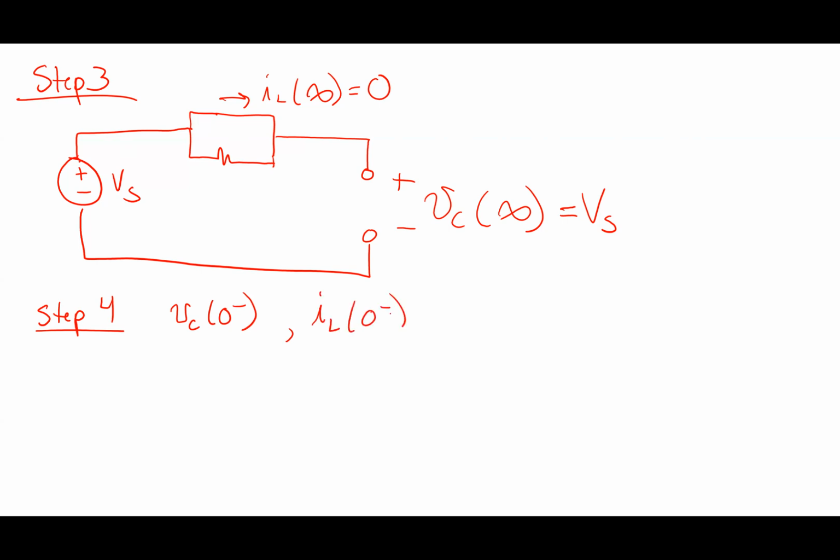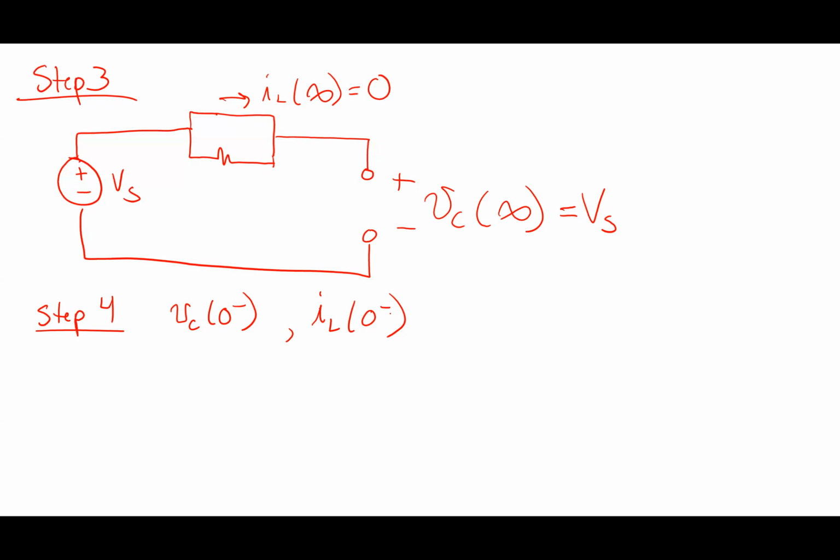I think for a lot of the problems, I gave you what V sub C of 0 minus was and what I sub L of 0 minus was. Why? Because I was just being lazy and I didn't want to draw a more complicated circuit. But I have a feeling on the test, I will ask you to find those values. So I need to find V sub C of 0 minus and I sub L of 0 minus.